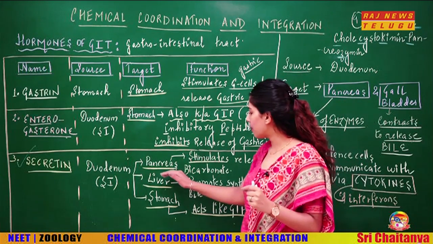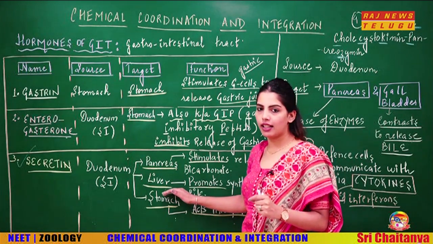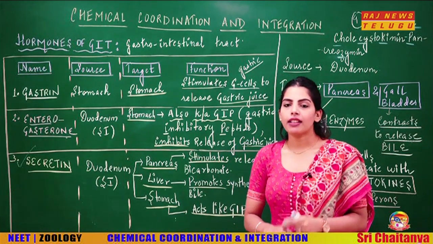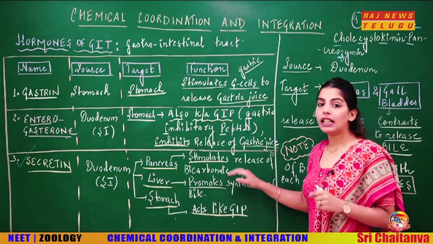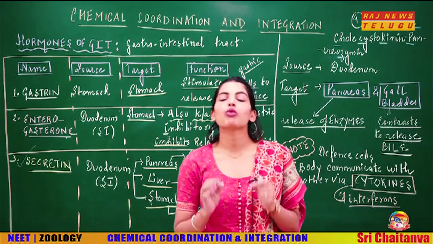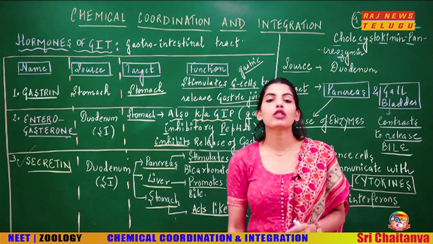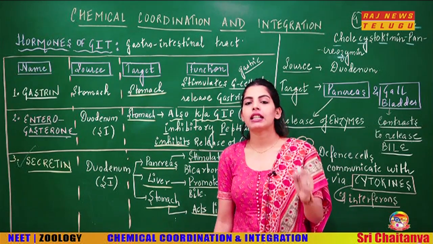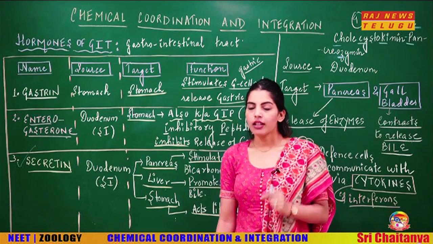Now looking at the pancreas and the liver: when it acts upon the pancreas, it is going to stimulate the release of bicarbonate. Students, remember, it is going to promote the release of bicarbonate in the pancreatic juice.